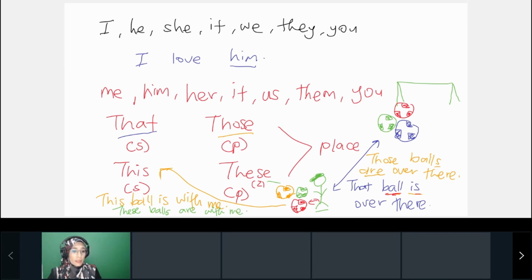Remember, this is singular, therefore it needs is. And with this one, if this one is plural, then you need to have your verb to be plural as well. So this is also where subject-verb agreement comes in.